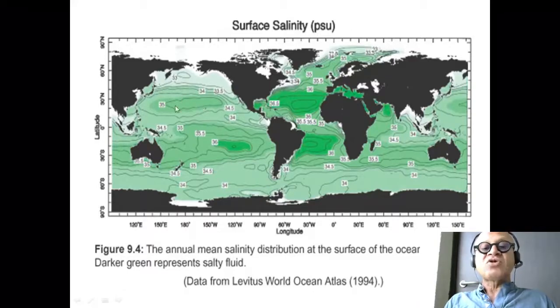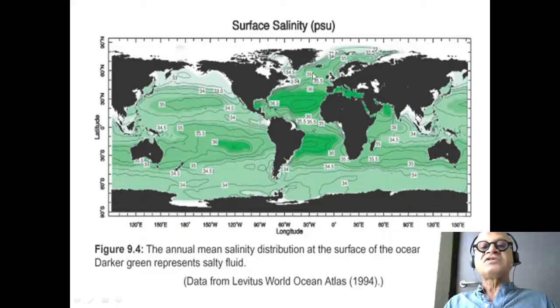And you'll see a strong contrast here, that the Atlantic is much saltier than the Pacific at similar latitudes in the subtropical gyre. So the Atlantic turns out to be very different in many ways. We'll see here that the salinities are order 35 and 35.5, whereas here they're order 33.